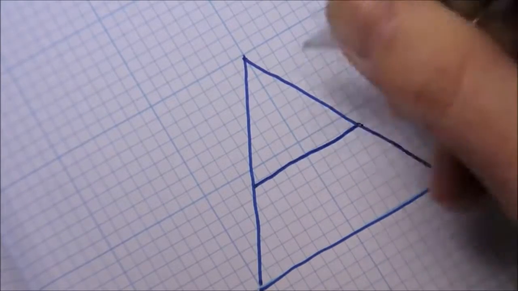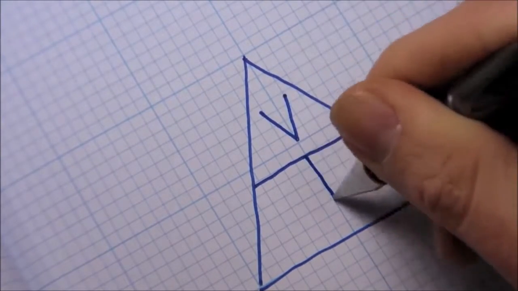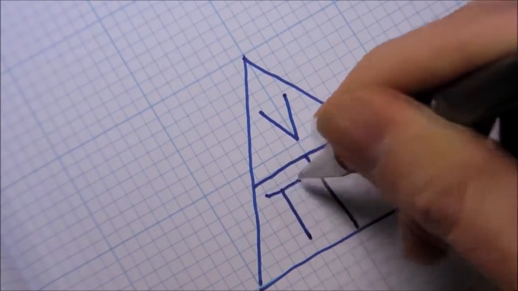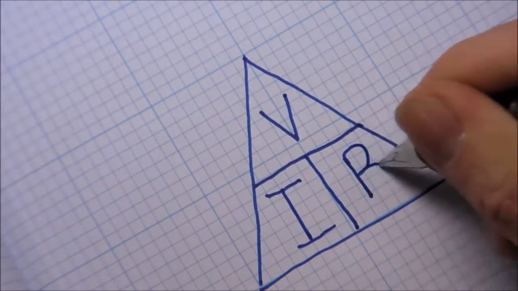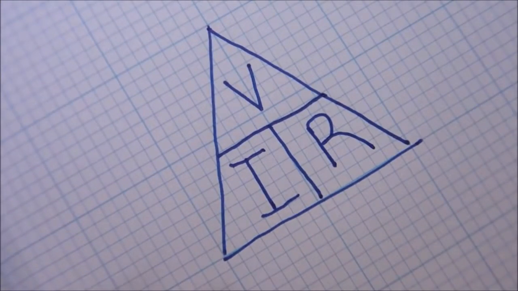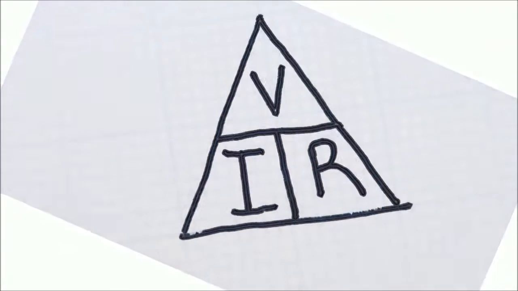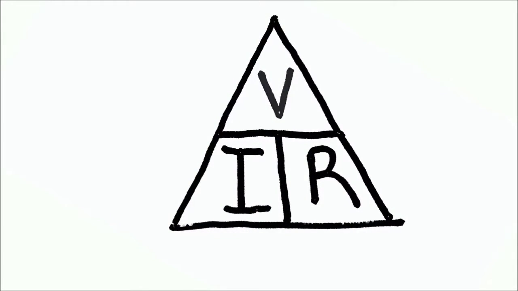Now, to remember this relationship, we can use this pyramid diagram. To find voltage, we multiply current by resistance. To find current, we divide voltage by resistance.